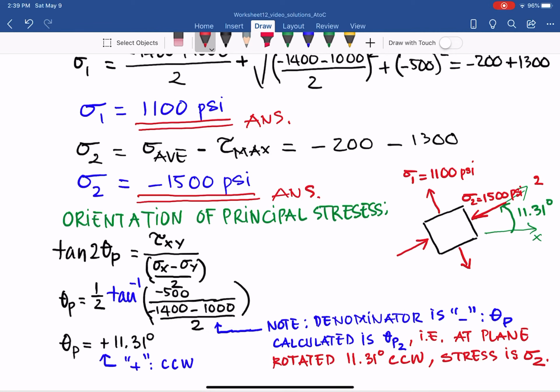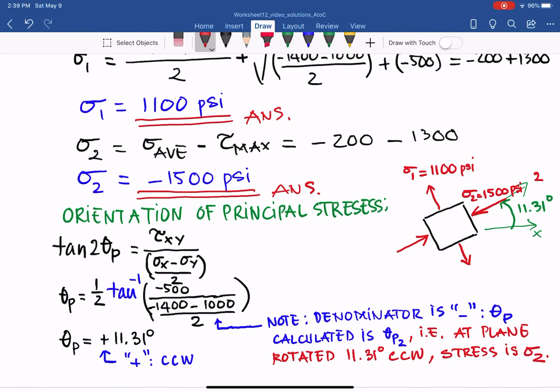This can be defined by the axis, or you can also define it by the plane. If you remember, the original x-plane is vertical, as you can see there. The plane is defined by the axis perpendicular to that plane.